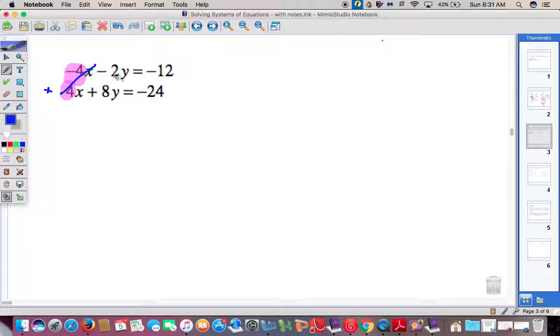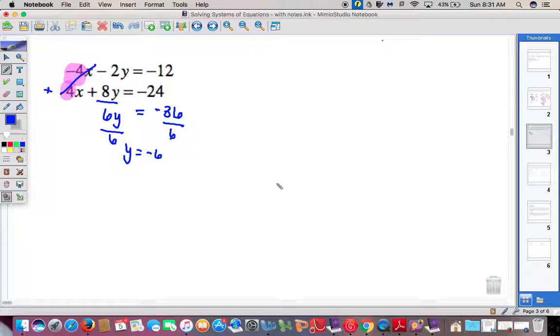So I'm left with negative 2y plus 8y, which would give me a positive 6y, and then negative 12 plus a negative 24 would give me a negative 36. So 6y equals negative 36. Well, I can easily divide both sides by 6, and I would get that y equals negative 6.